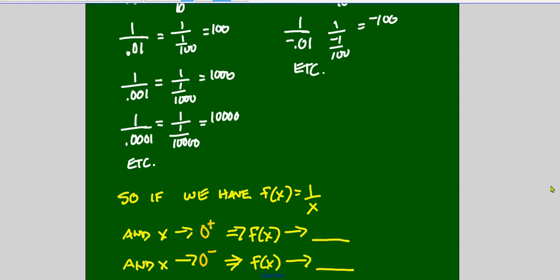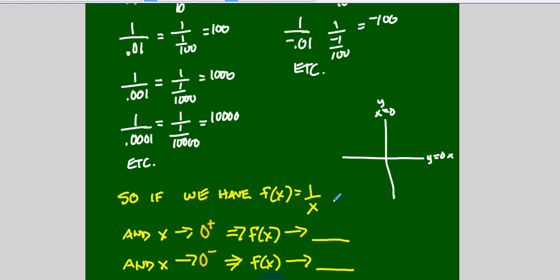So what we just showed above is, if I have the function f of x equals 1 over x, as x comes to 0 from the right side, so here's my xy axis. This is the line y equals 0. This is the line x equals 0. This is the y-axis. This is the x-axis.